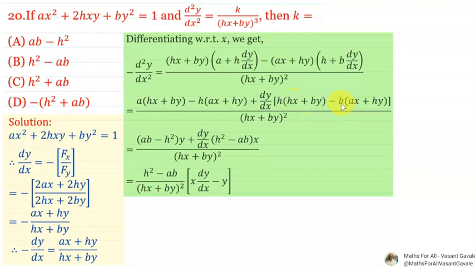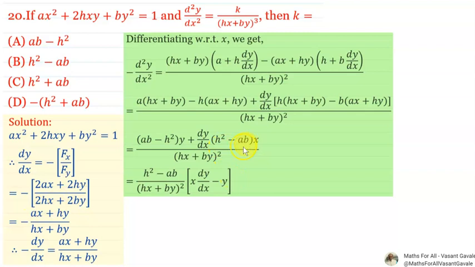Next minus abx, these two terms remain here. h into by, that is hby, and here minus hby, plus minus hby get cancelled. Then from h square into x minus ab into x, take x as common. Therefore you will get here dy by dx in bracket h square minus ab into x. Denominator hx plus by bracket square. Now the next simplification.